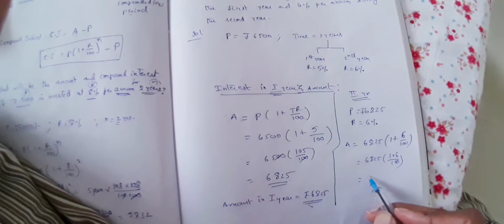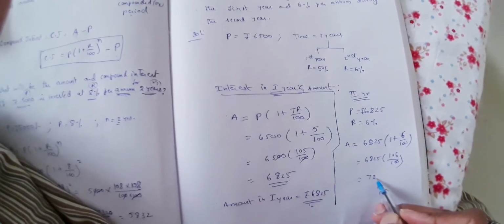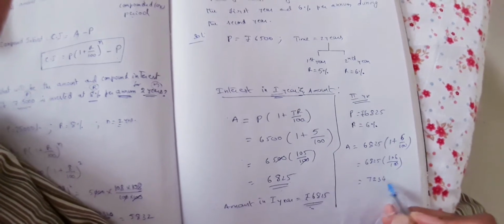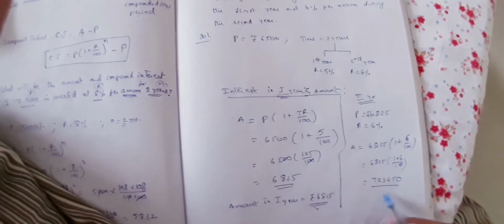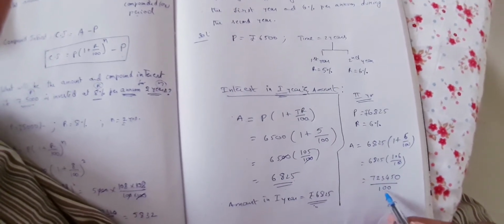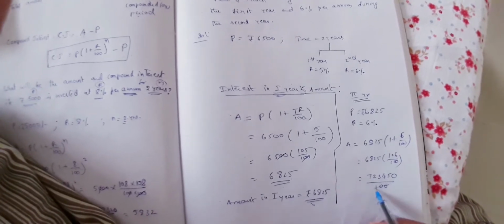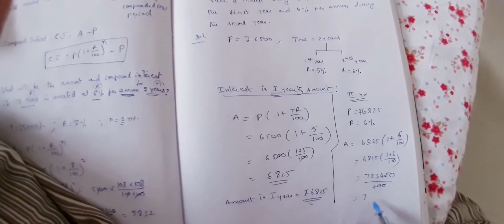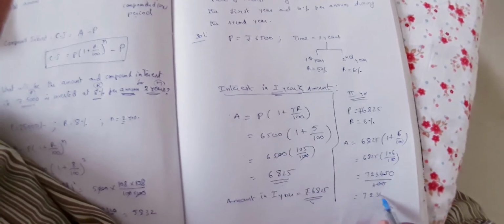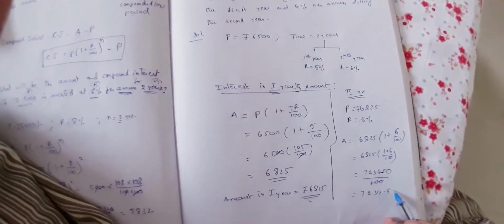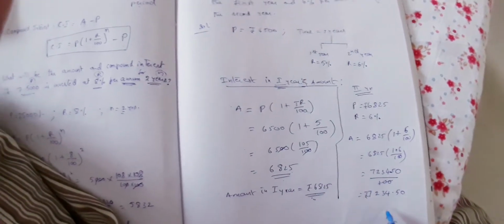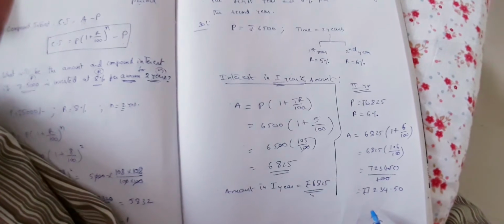That is 7 lakh 23,450 by 100. Since this is 100, if I cancel this 100, I'll get the decimal point here. So therefore 7,234 and 50 paisa. This is the amount to be paid at the end of the second year.